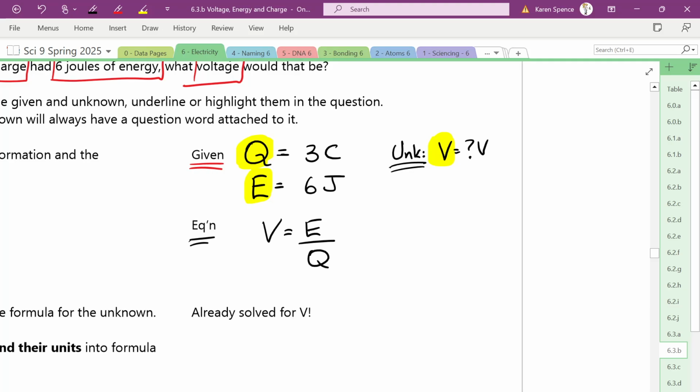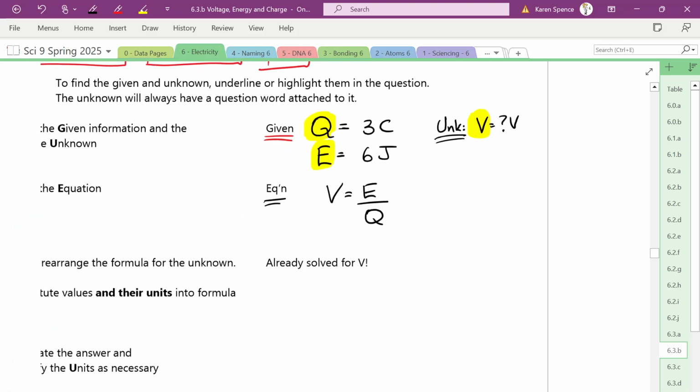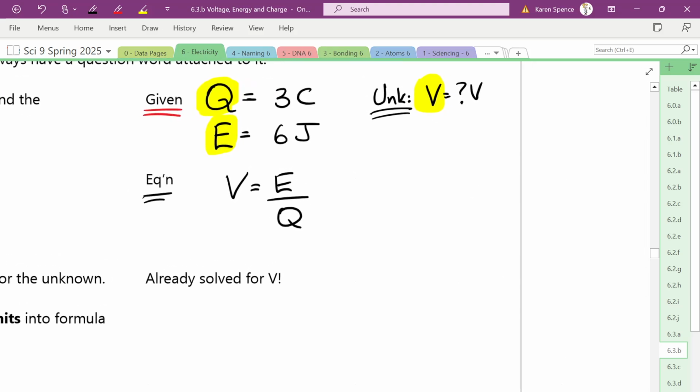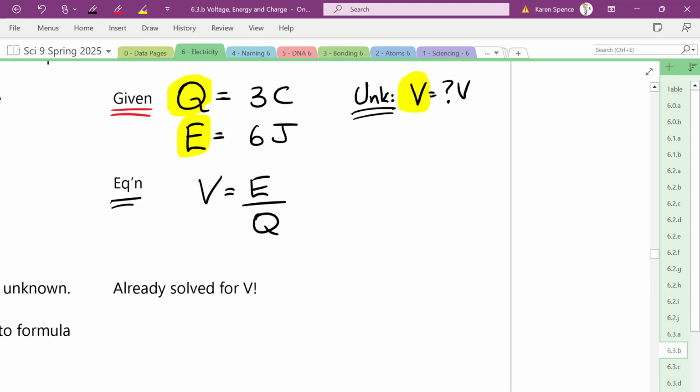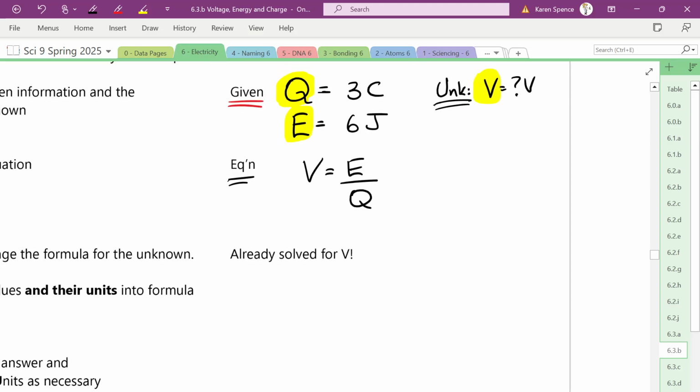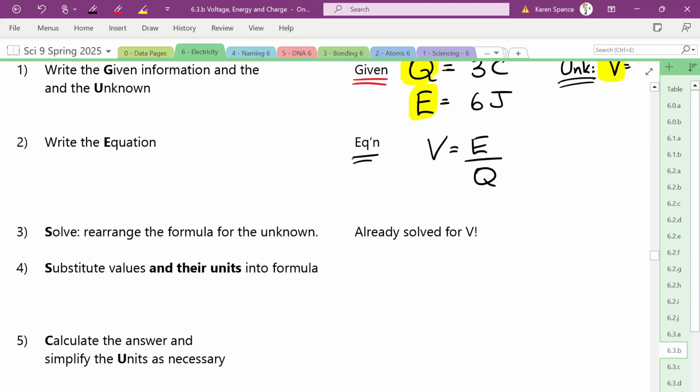So we have Q, E, and V. Now we need to solve. Oh, except that V is on the top, it is by itself, and it is on the left. So we don't need to do anything. We are just going to substitute. And don't forget, when you substitute, you're substituting both the values and the units. Every number in science should have a unit.